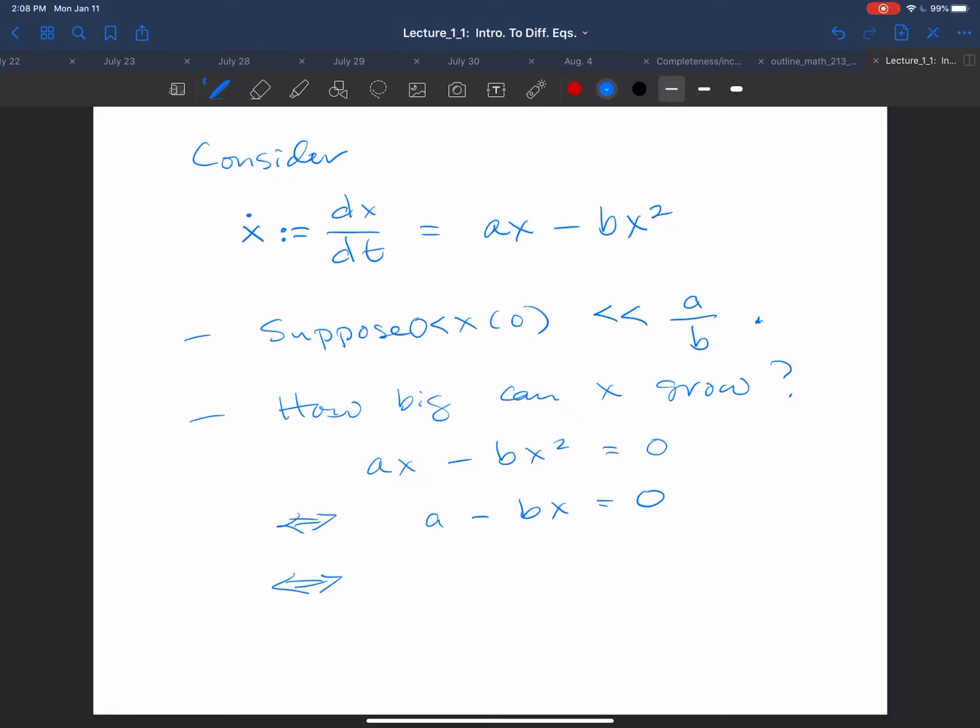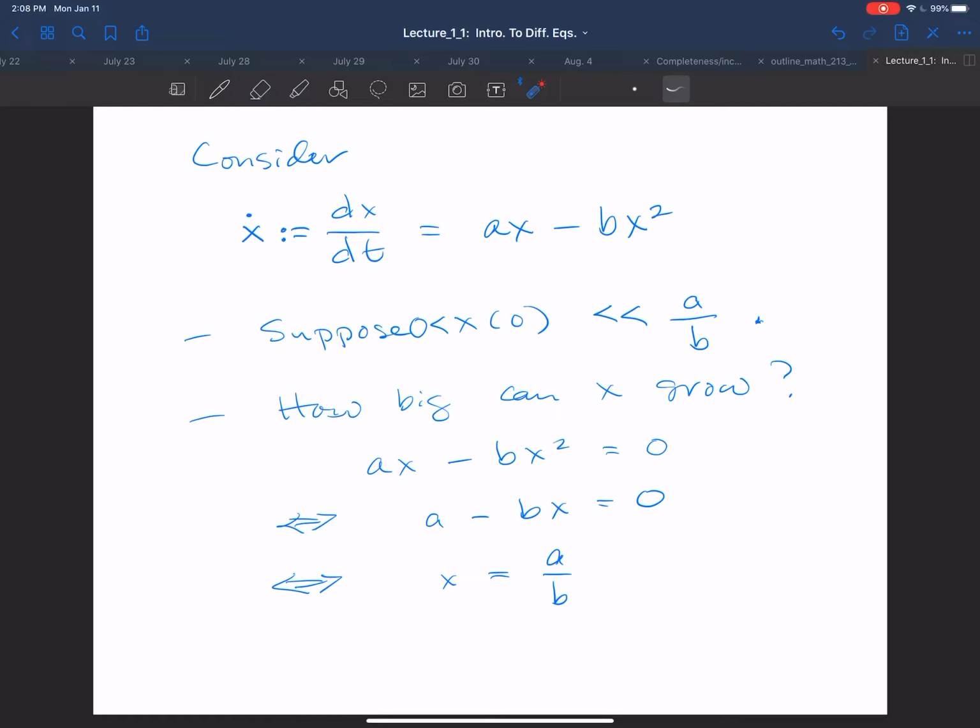Or in other words, if and only if x equals a over b. So when x becomes equal to a over b, the rate of population growth will stop. Okay? So presumably this value, a over b, represents a kind of asymptote that x will approach.